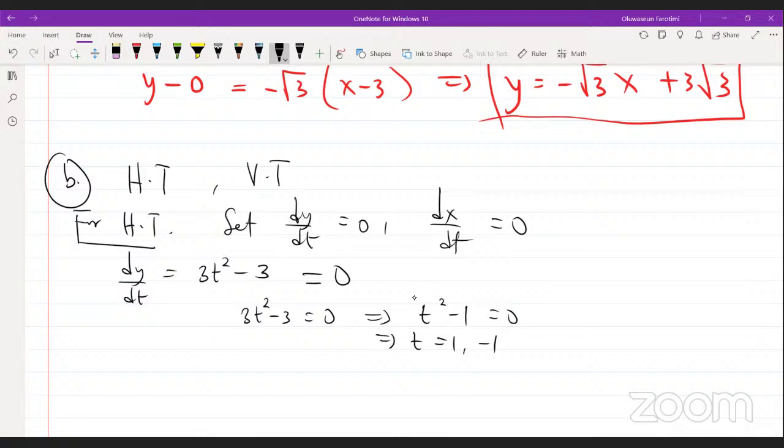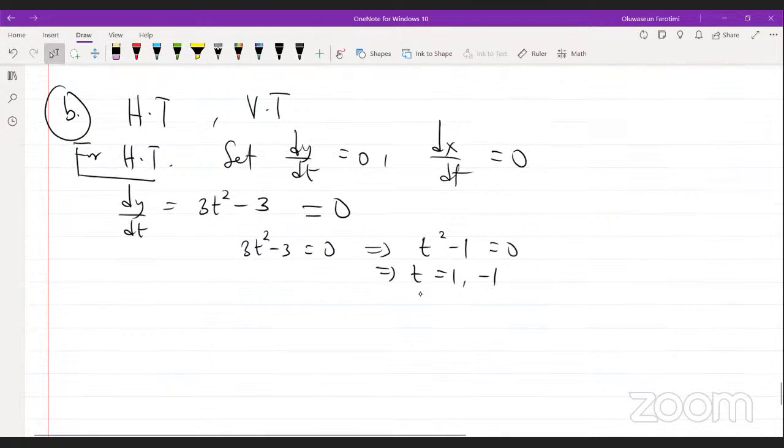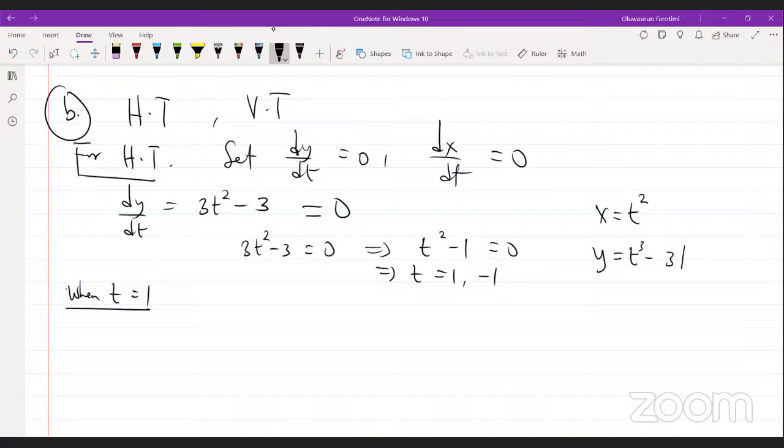But we're not done, guys. We're talking about the horizontal tangent here. So when t equals 1, you're going to plug t equals 1 back into the original functions given. x was t squared, yes, and let me just back up, y was t cubed minus 3t.